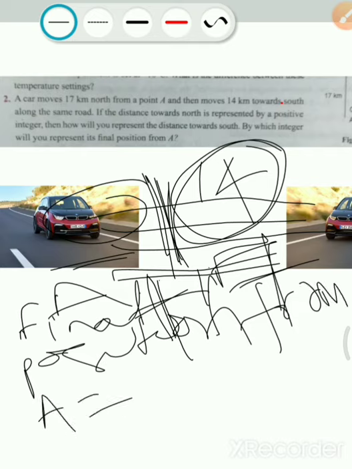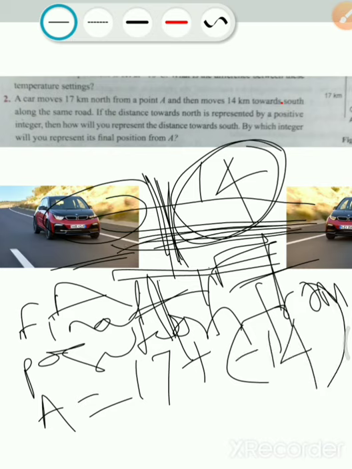First one, when it is going from A, it is positive 17, then plus at the same time, moving 17 kilometers from A, it is coming towards south 14 kilometers, coming on the same road. Remember, it is coming towards south on the same road, that's why it becomes negative.